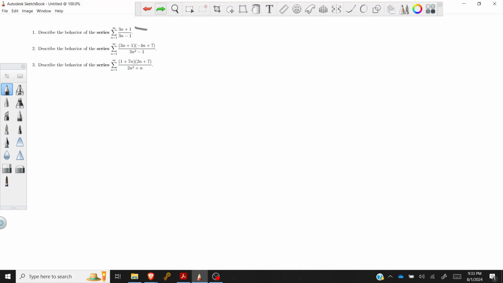So for these three questions, what I'm doing is evaluating the sequence, seeing if it converges. If it converges to a number that is 1 or greater, this is like our R, right?